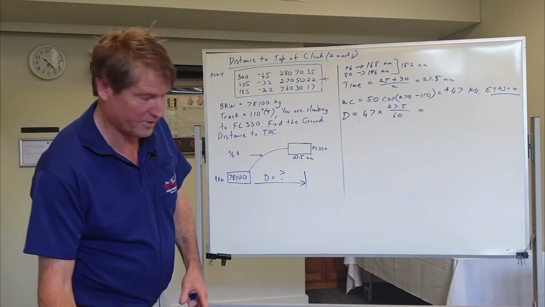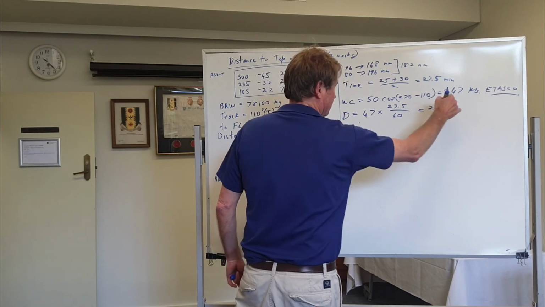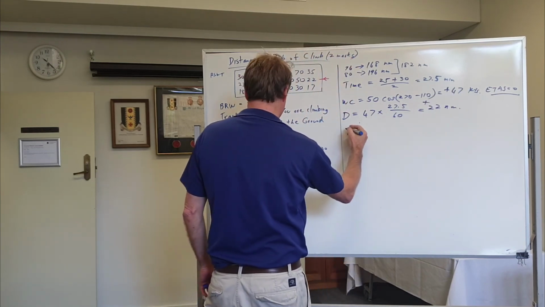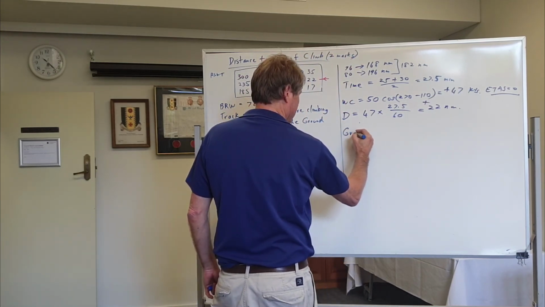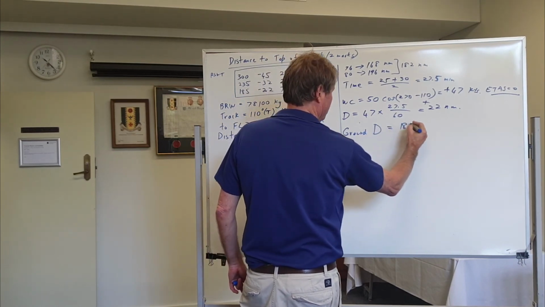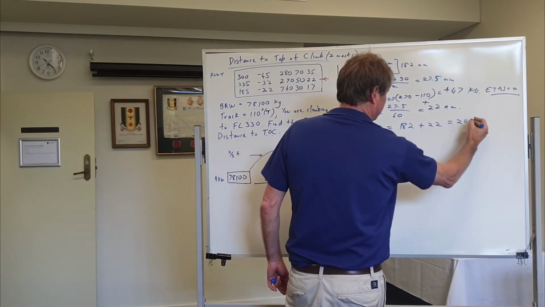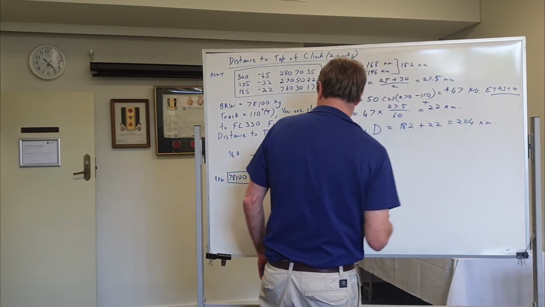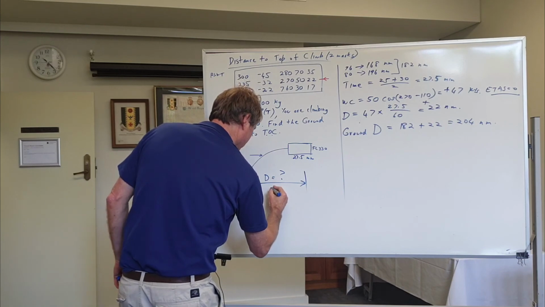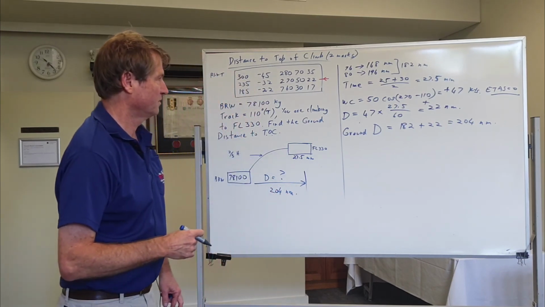So basically you're allowed to round that one off, 22 miles. In other words, that's a tailwind, so plus, so the ground distance is going to be simply 182 plus 22. So that's your answer, 204 nautical miles.